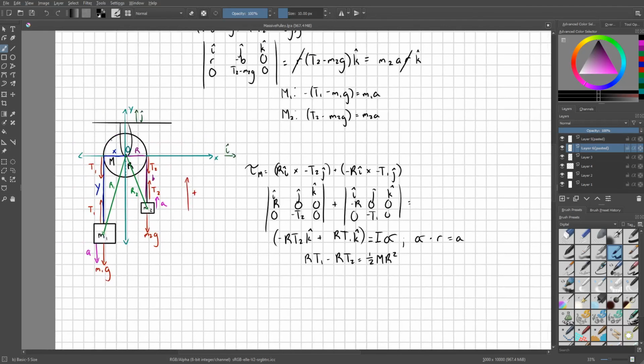If we were to look at the acceleration at any point on this spinning pulley piece, then if we took that angular acceleration, multiplied it by r, that would give us just a, and that a is equal to whatever linear acceleration these pieces are experiencing. So that's all that that expression is saying.